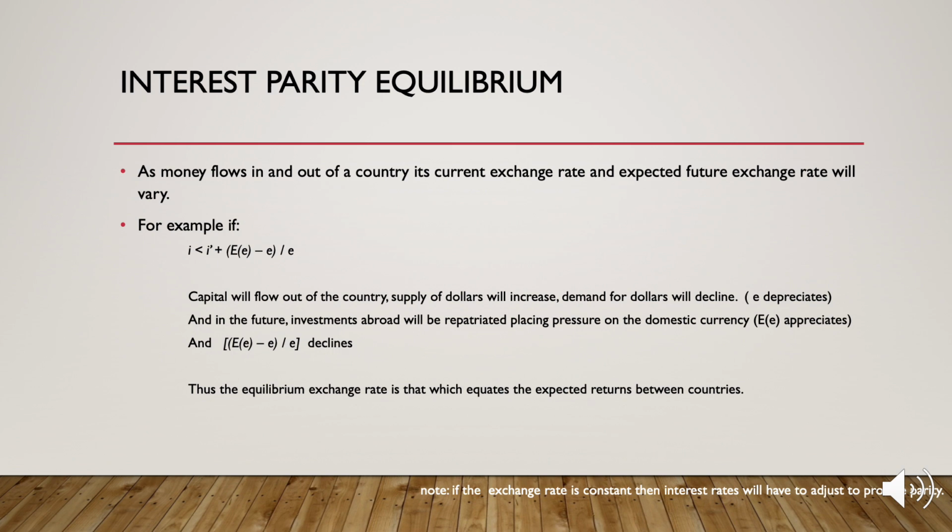In this example, if the exchange rate were fixed, no one would be expecting it to depreciate in the future because it's guarded by the central bank, in which case that term, expected depreciation, would be zero. And if that were the case, the 5% domestic rate of return would obviously beat the 2% foreign rate of return. Capital would flow out of that country until interest rates increased to 5%.